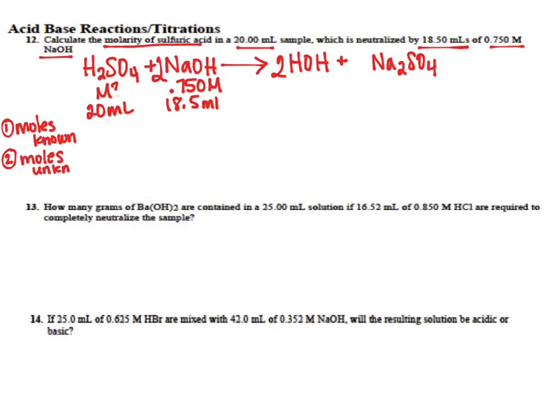Find your unknown moles. And then number 3, you're going to go back to your question and find what are you looking for. Are you looking for grams, molarity, milliliters, what?